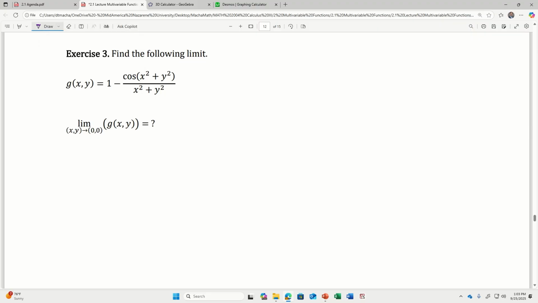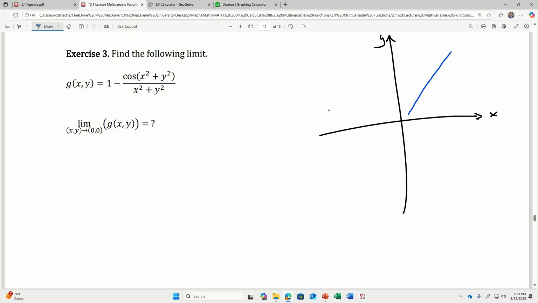So think about this. Now I want to find the limit as I approach 0, 0 in the xy plane of this function. Well, let's draw a picture and I'll walk us through a few of these things like we did earlier. For one thing, I could choose to go along the direction where y is equal to x.